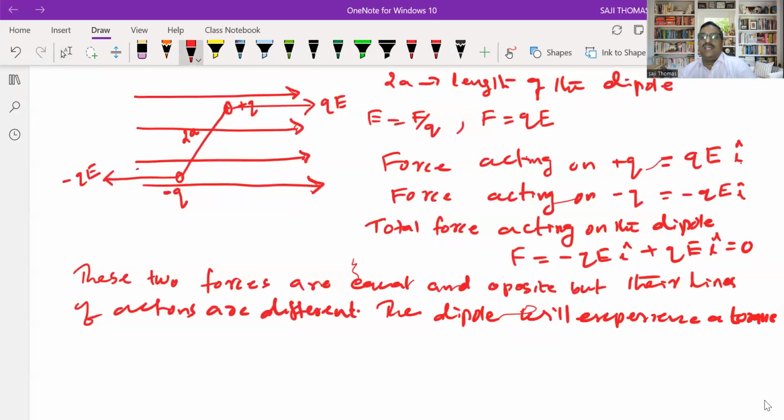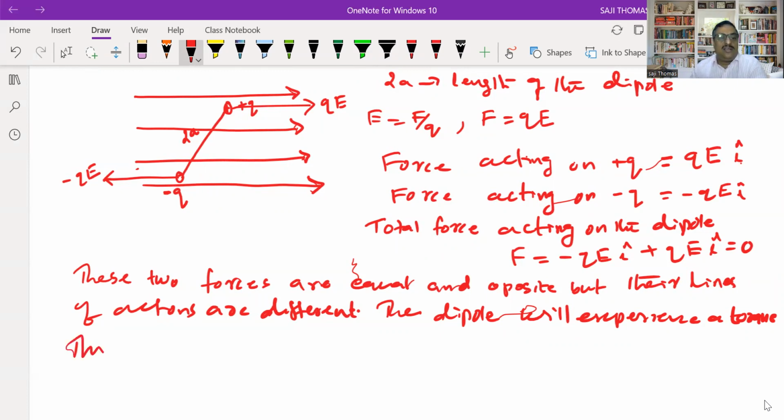If the lines of action are along the same point, the torque will be zero. But here the lines of action are different, so there will be a torque. What is the effect of this torque?